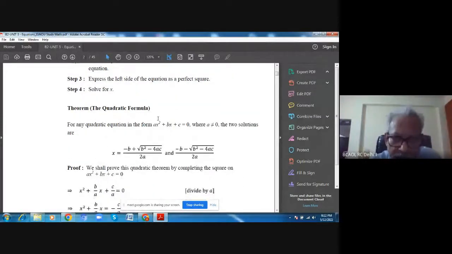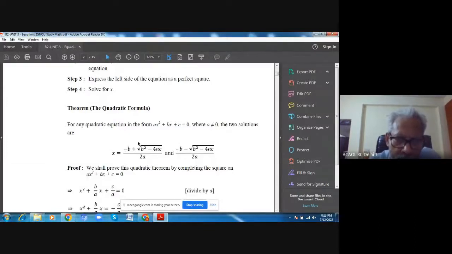Here actually you see ax square plus bx plus c is equal to 0. That comes x. If you identify the x, this is the formula actually derived. You can prove it also, I'll show you how to prove it. For the time being, there are two things.